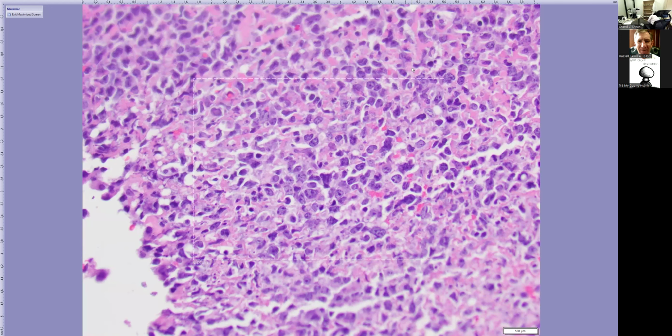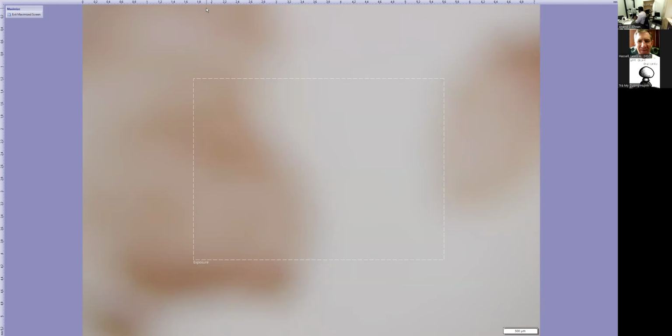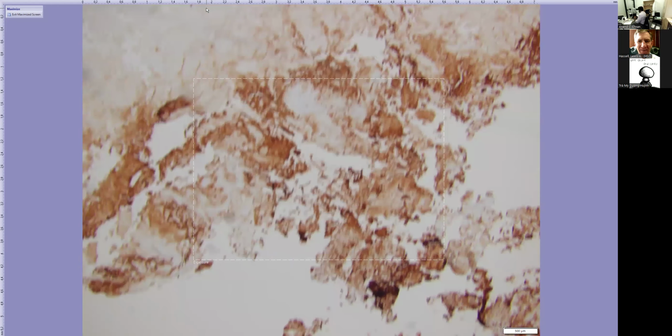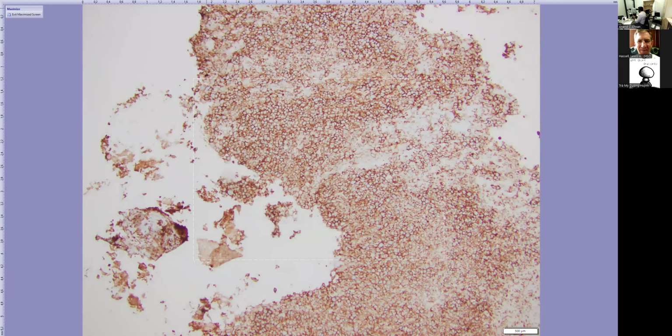And eventually we moved to hematolymphoid markers. So here are some of the hematolymphoid markers, which is CD45. I started with CD45, and we have CD45 in this focus, which is, as you can see, clearly diffusely positive.